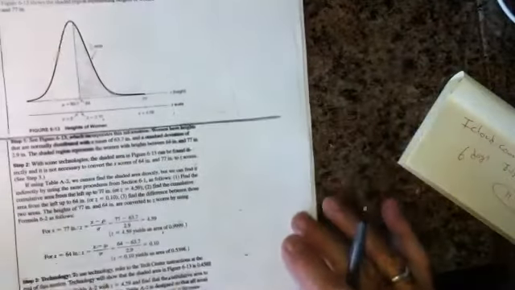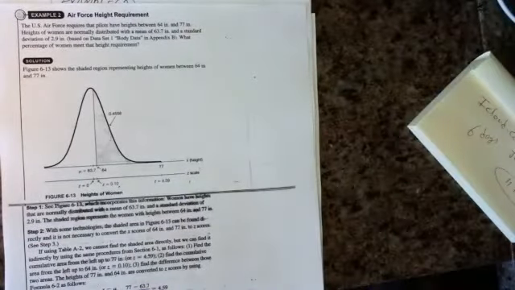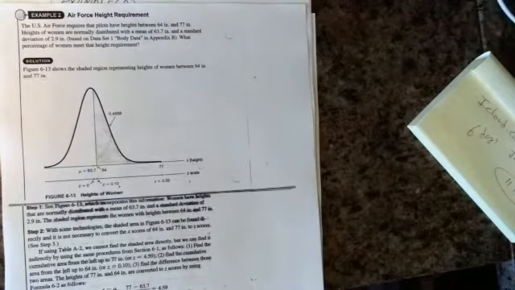See, like in this example here, which you have in the textbook, the US Air Force requires that pilots have height between 64 and 77. And the heights of the women are normally distributed with a mean of 63.7 and a standard deviation of 2.9.